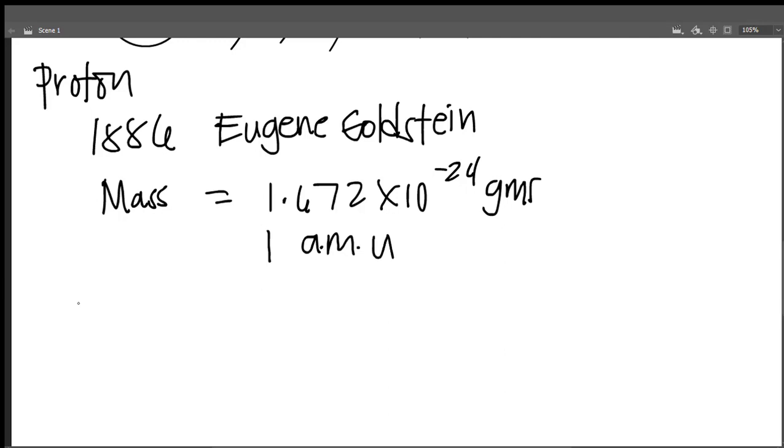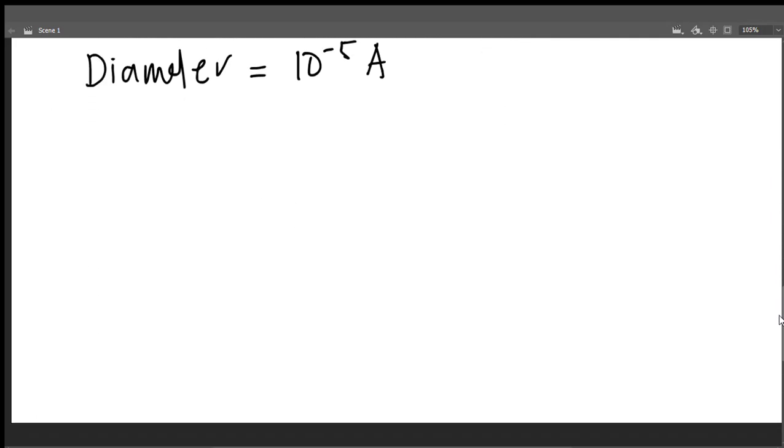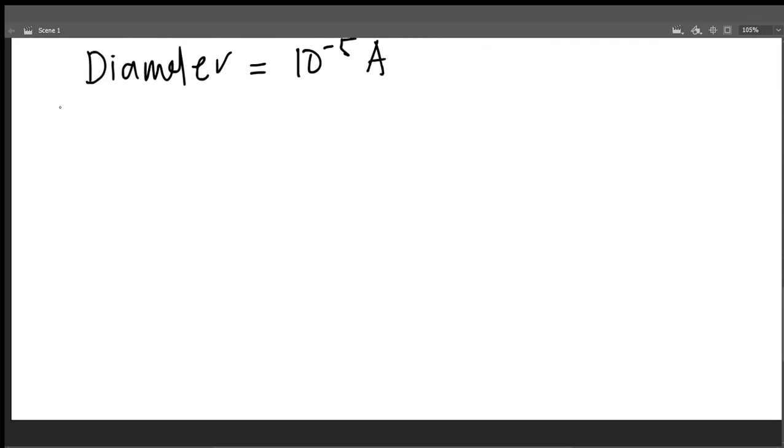And the diameter of proton is 10 raised to negative 5 angstrom unit. Okay, next, let's proceed. How about the last one, neutron.